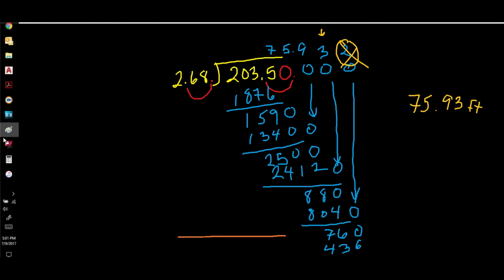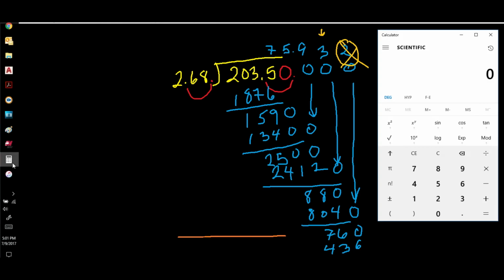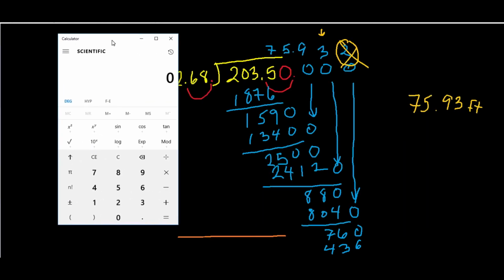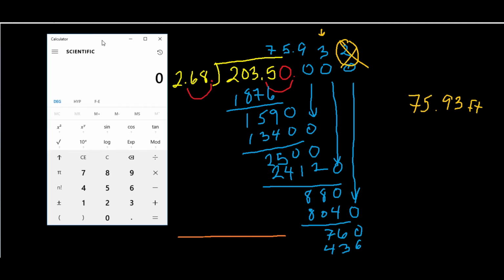Let's just get the calculator out and double check our numbers. So we'll move it over here so it won't cover it up. And we said that we want to have 203.5 was our original number, divided by 2.68.